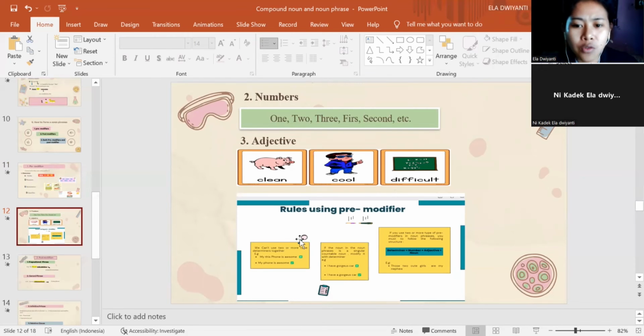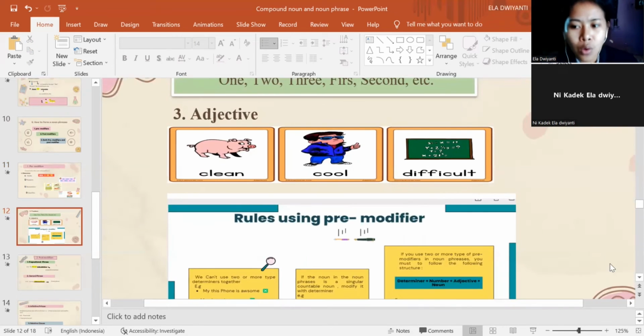Okay, rules for using pre-modifiers. We have rules when we are using a pre-modifier.